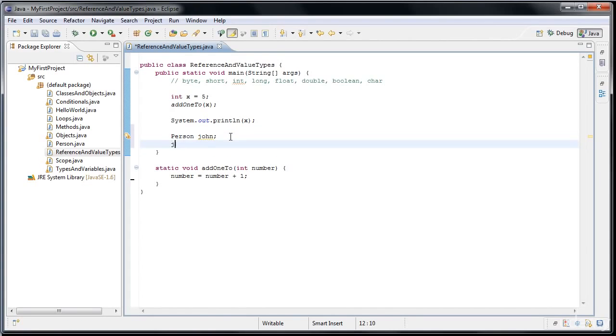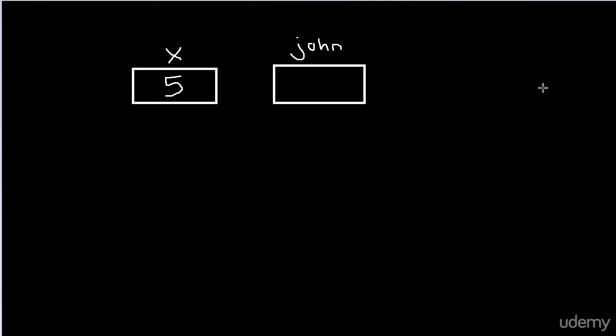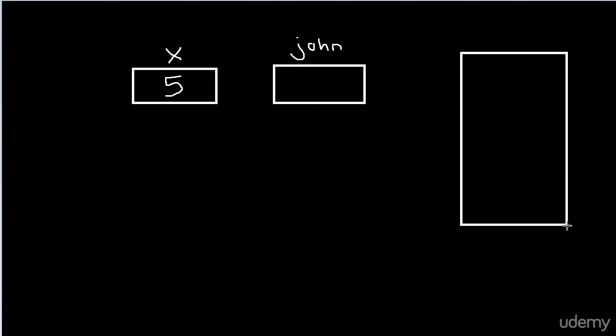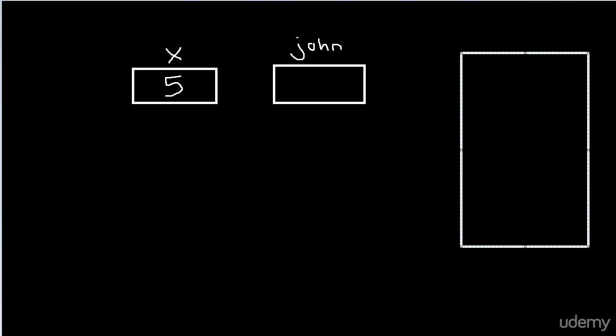Now what happens when we say john equals new Person? Well, when you create an object, when you call a constructor with the keyword new, you create that object somewhere off in memory.